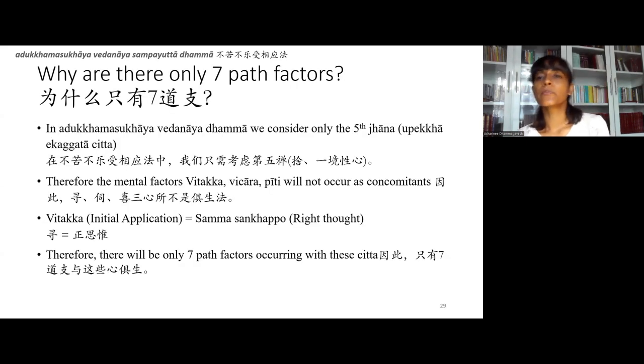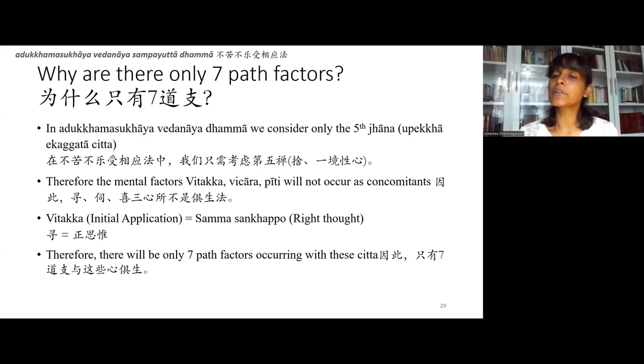Why are there only 7 path factors? Again, here we are considering only the 5th jhana. Therefore, the mental factors vitakka, vichara, piti will not occur. And vitakka, initial application, is also a path factor, samma sankappa. Therefore, out of the 8 path factors, when we deduct samma sankappa, we are left with 7 path factors.